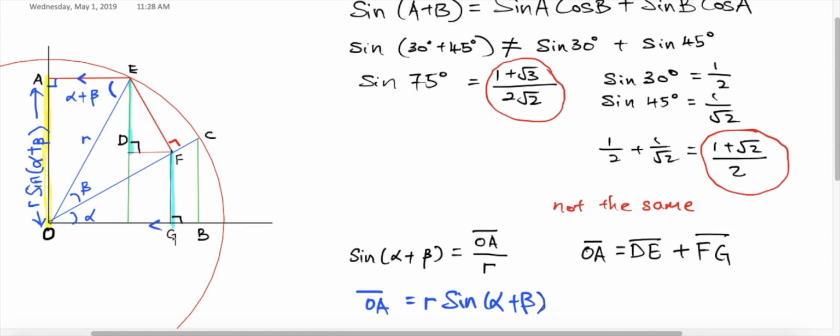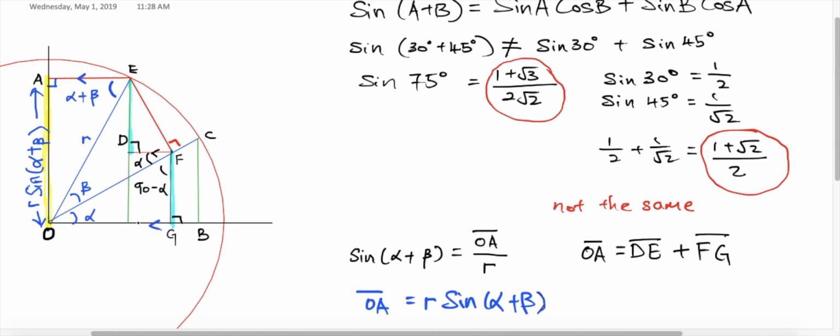Since this is 90 degrees, this angle will be 90 minus alpha. And then if it's 90 minus alpha, therefore this is parallel to this line. So I have alternate angle. So this angle is also alpha. Zigzag rule.